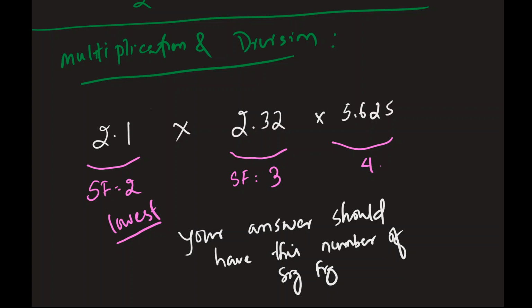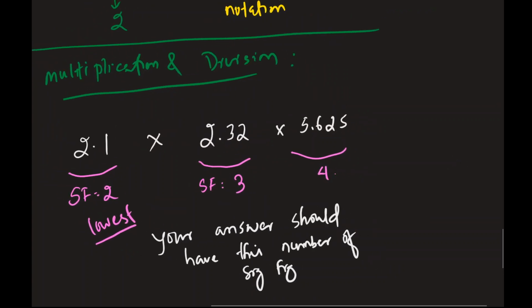So let me get my calculator and let's see what my calculator is showing. It's 2.1 multiplied by 2.32 multiplied by 5.625. My calculator is giving me a number that is 27.405.